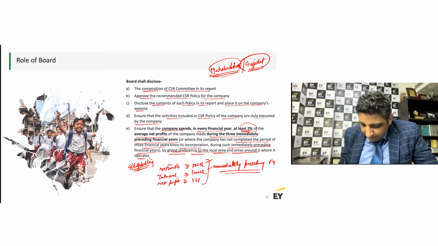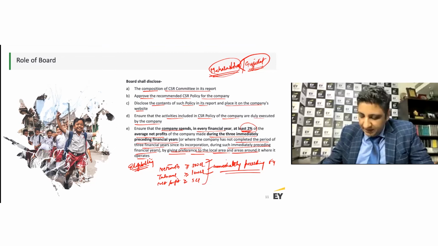If any of the criteria is met, you are required to spend 2% of the average net profits of the 3 immediately preceding financial years. That's what you want to remember in this case.